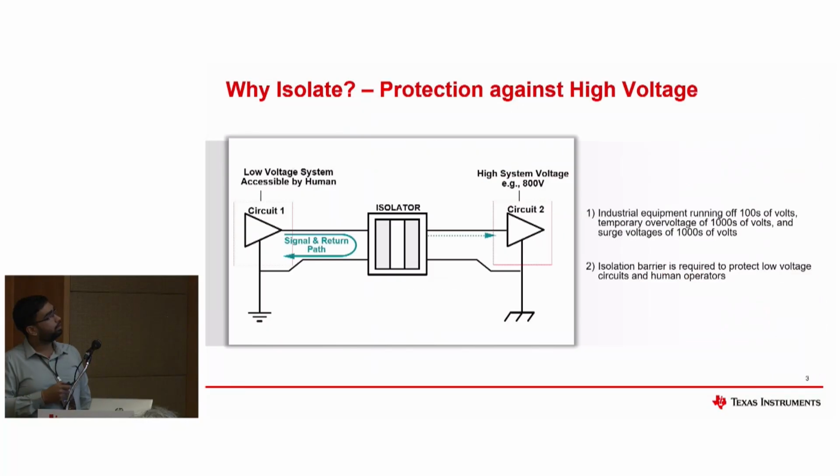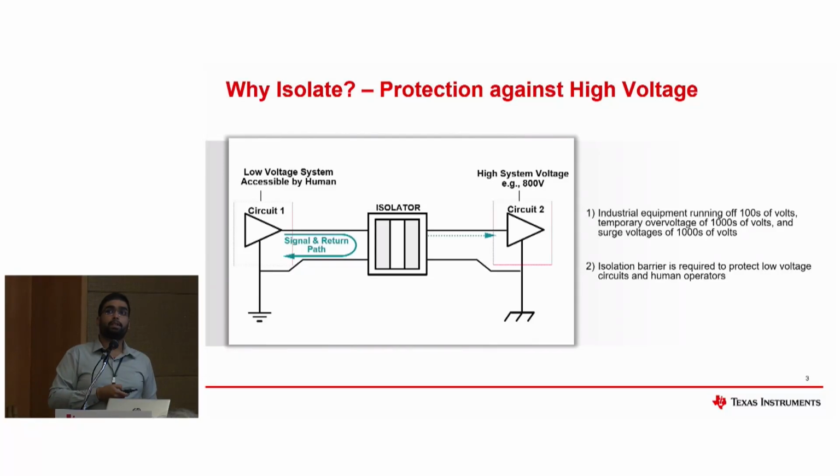Moving forward. This is a pictorial representation of what I just said. The circuit one here resembles any low voltage system, an MCU system or a human interface system. And this is a high voltage system, which can be your field side in the factory or any lightning-prone circuit or a moving ground circuit.